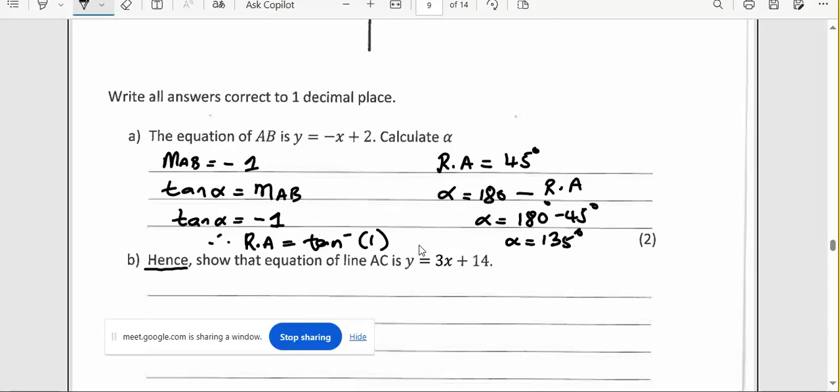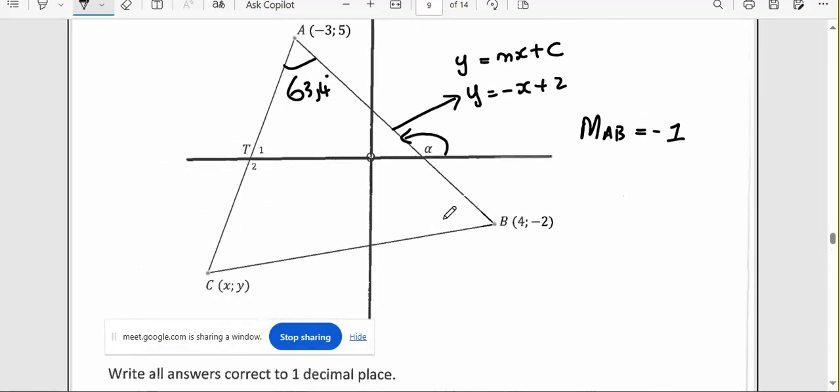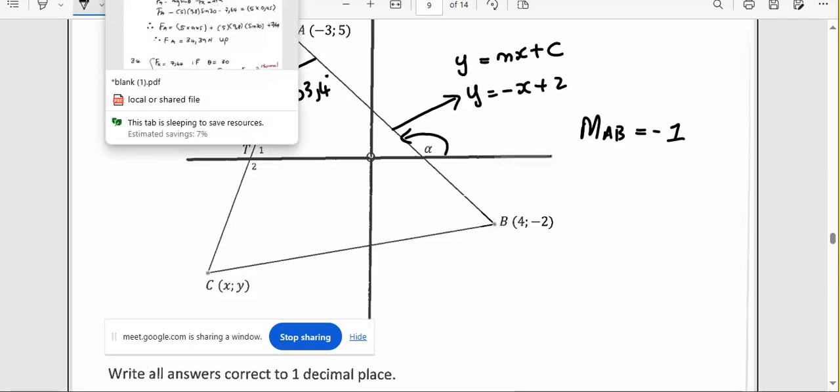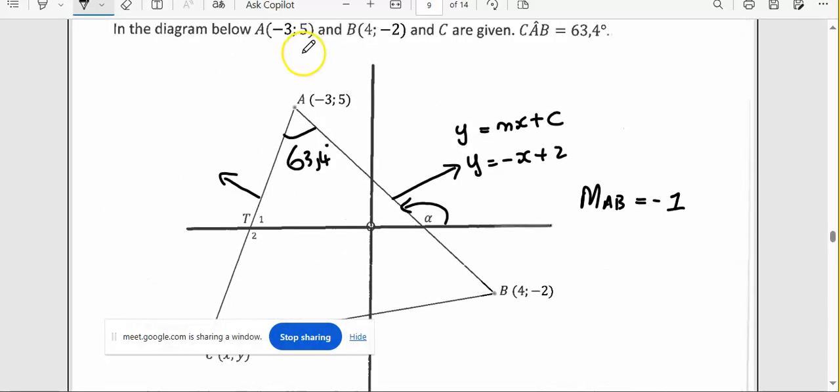They say, hence show that the equation of line AC is y is equal to 3x plus 14. So they want us to use this alpha, which is equal to 135, to prove the equation of AC. We need to make sure that the equation of AC is y is equal to 3x plus 14.